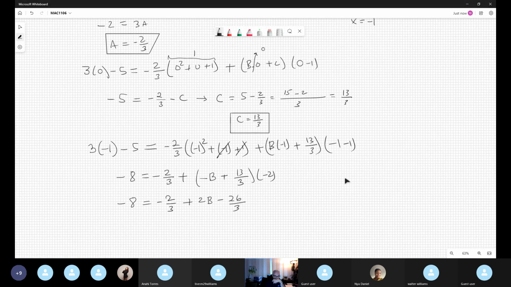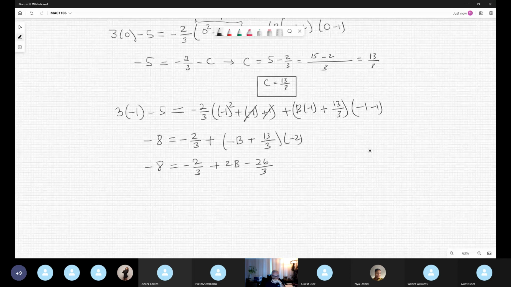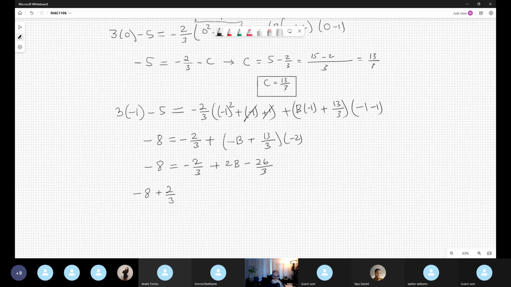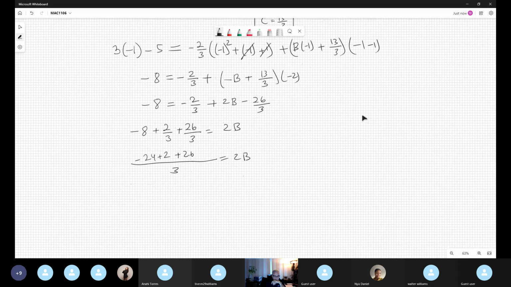Now solve for B. Negative 8 plus 2/3 plus 26 over 3 is equal to B. Let me condense this fraction. Least common denominator 3: minus 24 plus 2 plus 26 equals 2B. 26 minus 24 is 2, and 2 plus 2 is 4.